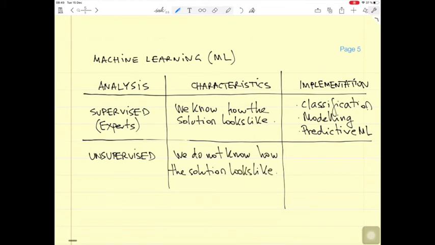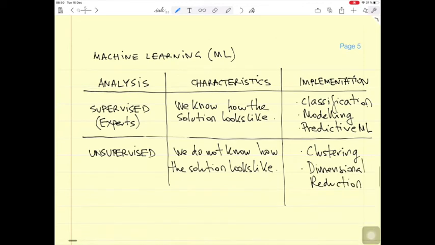We do not know it. We use this for clustering and dimensional reduction. Okay.